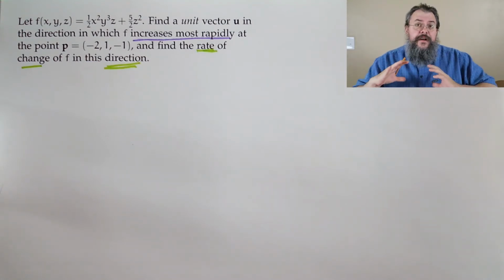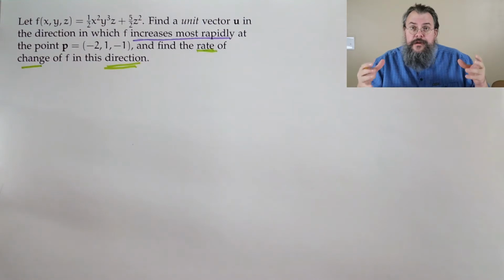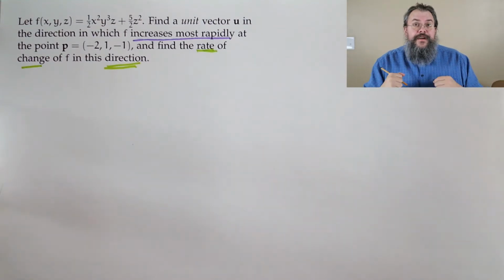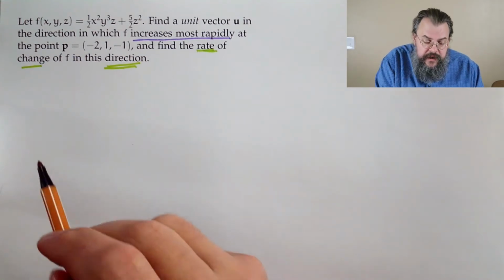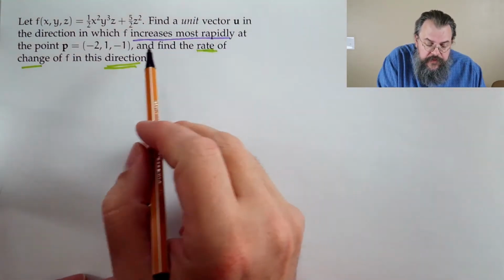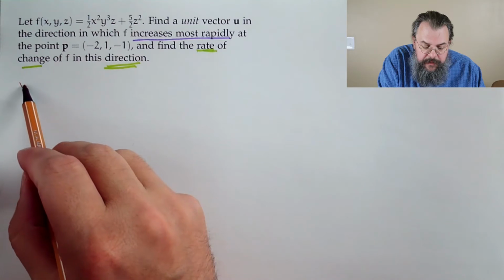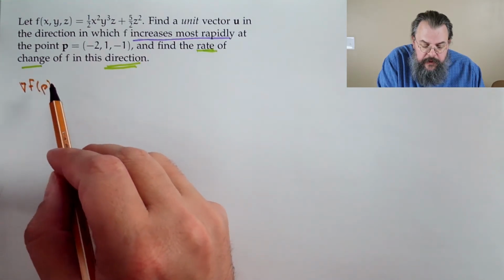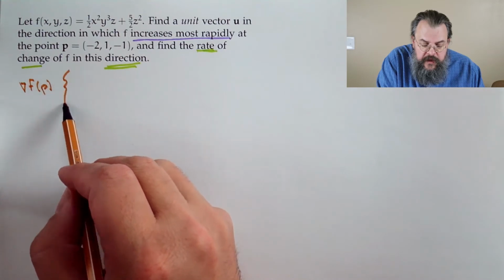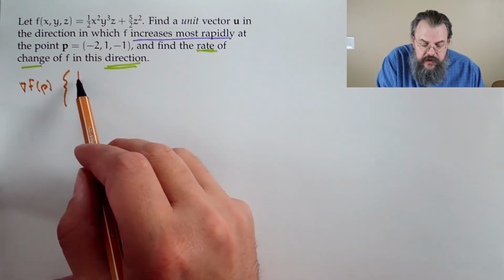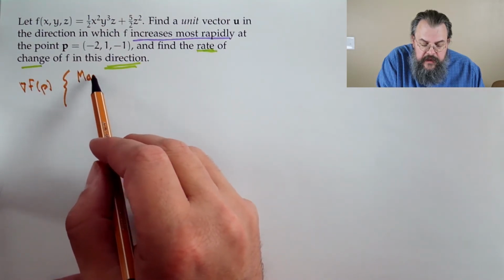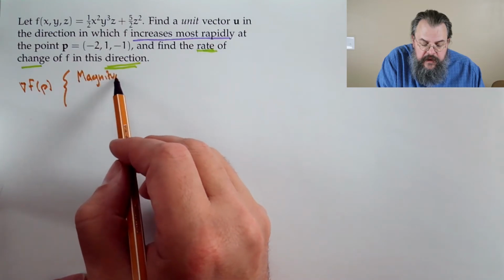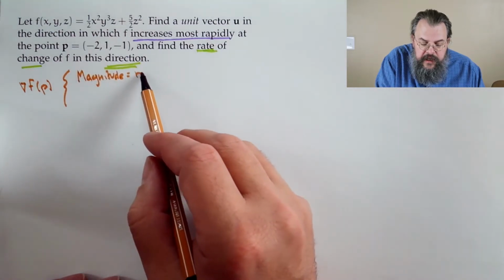And so here, the real challenge, the real problem here is saying, do we know what's being looked for? In our case, we say, aha, we've heard of things increasing most rapidly. Namely, if we look at the gradient of f at a particular point, the magnitude of the gradient equals the rate of greatest increase.